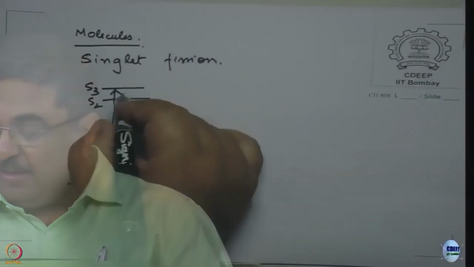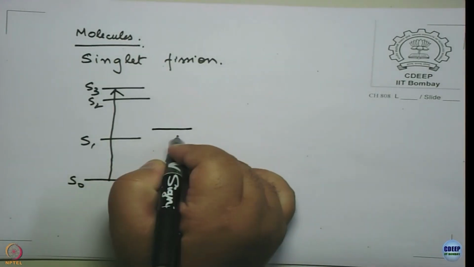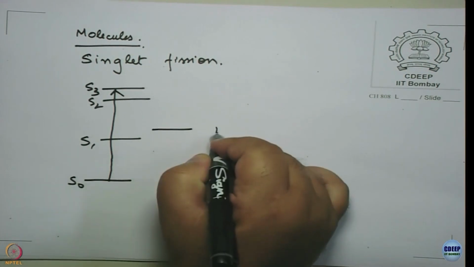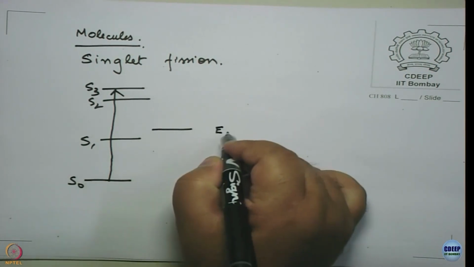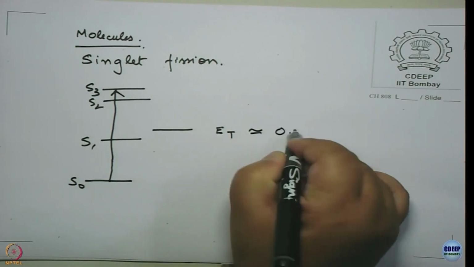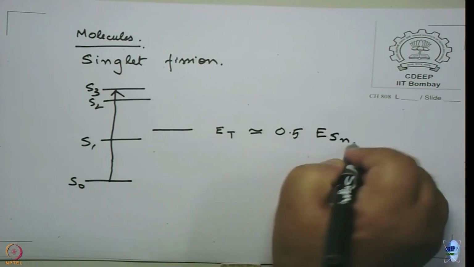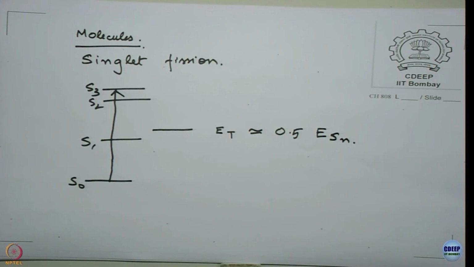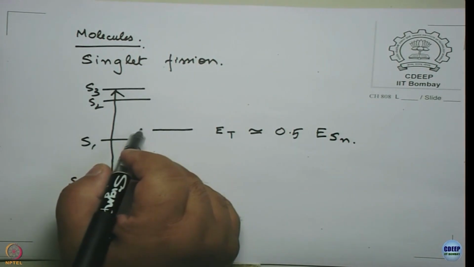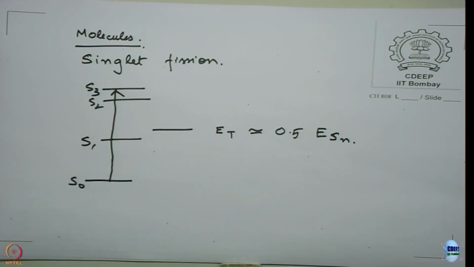Singlet fission means, in case the energy of a triplet state is approximately half of the energy of some excited singlet state. Of course, I am talking about relative energies here. In case this happens, then this molecule can undergo what is called singlet fission. Means there can be further excitation to the triplet state.